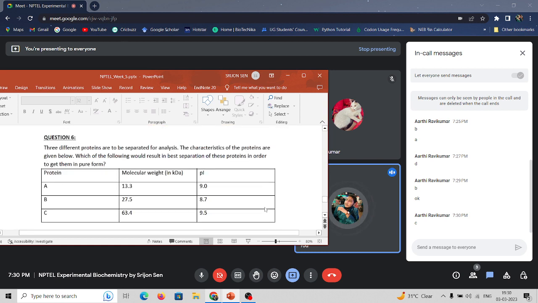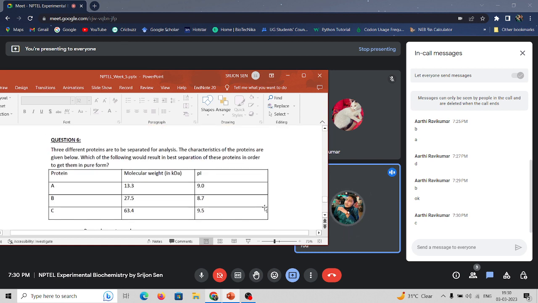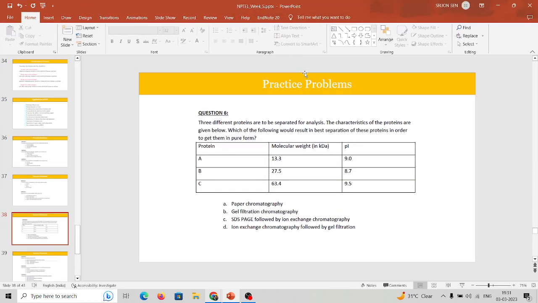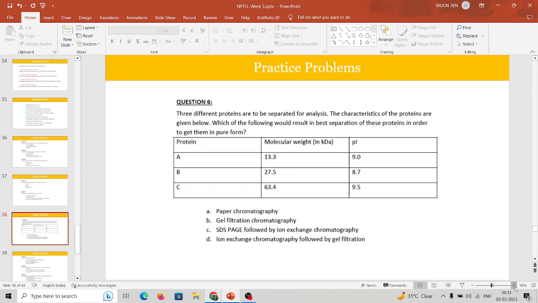The next question is a longer, bigger question. It says three different proteins are to be separated for analysis. The characteristics of the proteins are given below. Which of the following would result in the best separation of these proteins in order to get them in the pure form? Protein A has a molecular weight of 13.3 and pI 9.